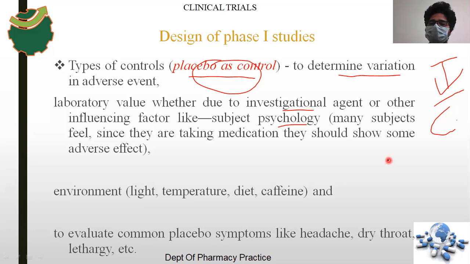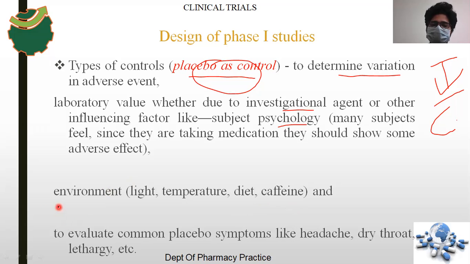So if the same thing happens in the control group also, if a person who is taking the control, meaning a placebo, also says he's feeling some upset or gastric burning, then obviously it is some other environmental factor or psychological factor, a change in light, temperature, diet, or caffeine intake, or those kinds of factors.